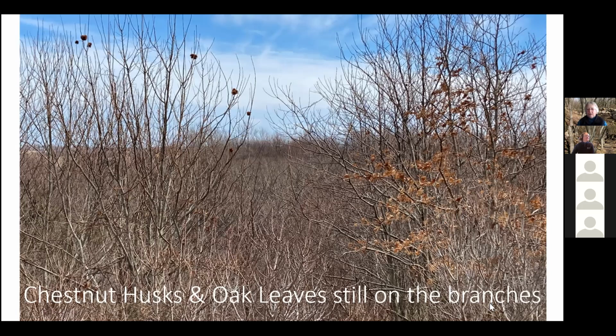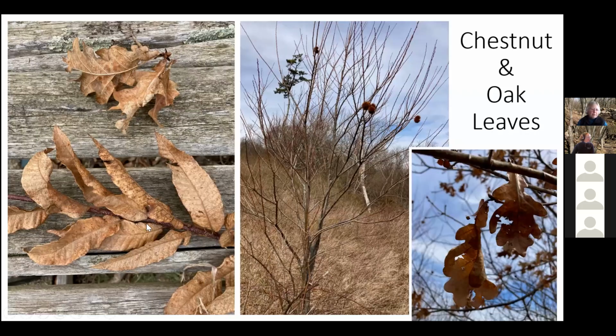And I gathered some leaves, took them back to my bench, used it as my little field station, and took a picture of the leaves from the chestnut, like this one. This particular chestnut still has the husks in the branches as well as a few leaves. But right now, if there's a tree that still has brown leaves on it, it's most likely an oak. And here's the smaller one. It's a little bit bedraggled, of course, but more rounded.